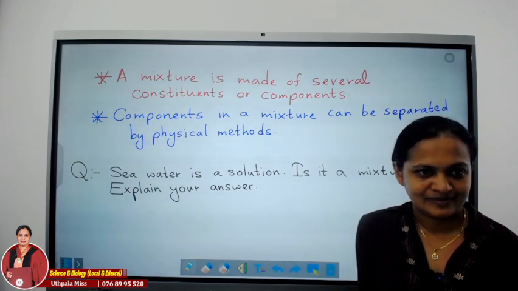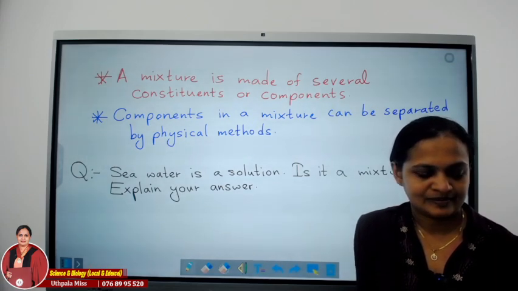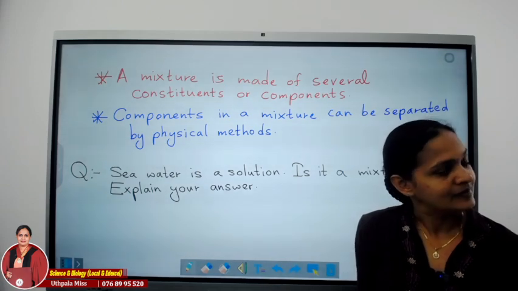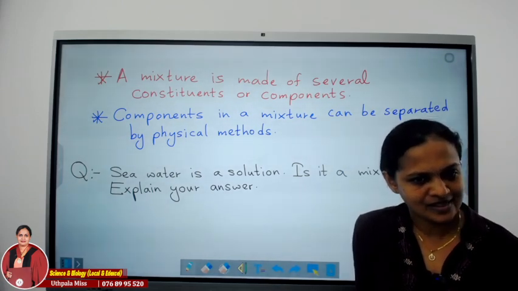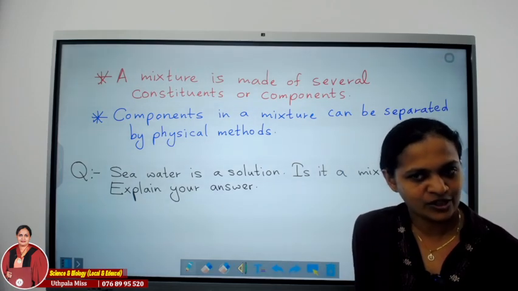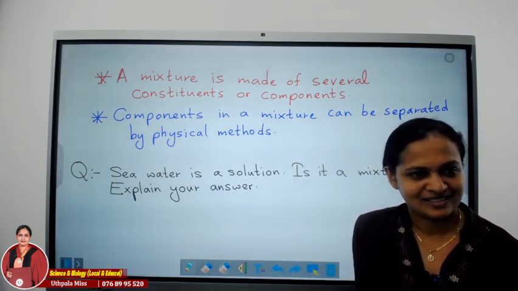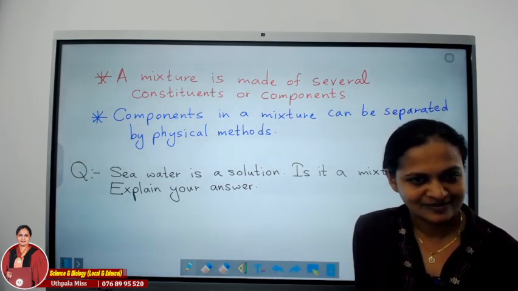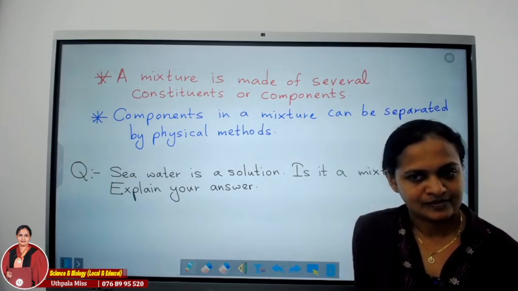What do you think, Sheroz? I don't know this. Is it a mixture or a pure substance? Mixture. Senyut? Yes, it is, as it contains various things like dissolved salts, microorganisms, particles of clay and soil, bacteria, so it is a mixture.